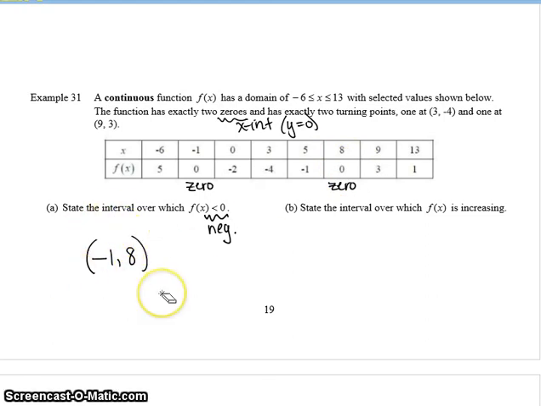smooth parentheses. All right, state the interval for which f of x is increasing. So when is it going up? All right, well, it looks like, if you're here at 5, then you're at 0, then you're at -2, so you're going down. Okay, -4, you're still going down. But then all of a sudden, -4 goes up to -1. So it starts turning around right here from x values from 3 to 5.